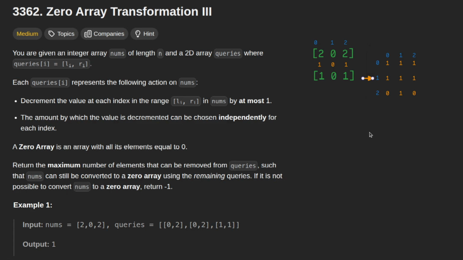Now again, same scenario, I will choose 101 from the second row also, and I will subtract 101 minus 101 and I am going to get 0 0 0 here, right?